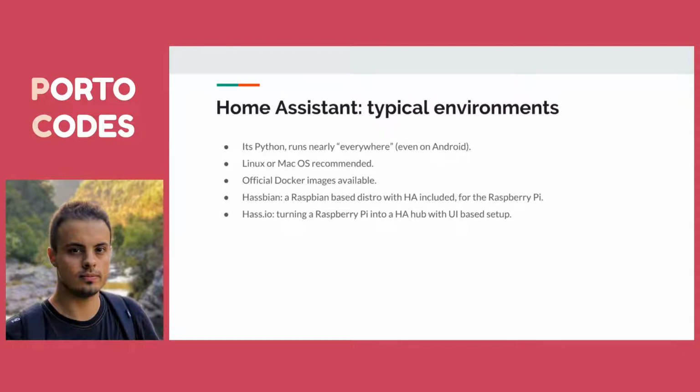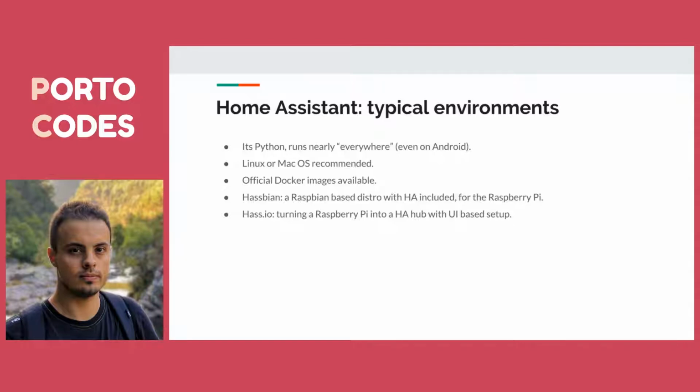You can run it everywhere. There is people running it on Android, which seems stupid, but imagine you have a small tablet on your wall. Maybe it makes sense running Home Assistant there instead of having a separate computer or Raspberry Pi running it. There are Docker images available if you want to test it on your laptop.